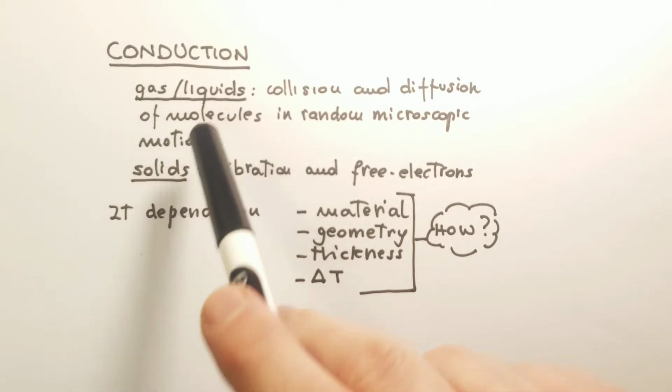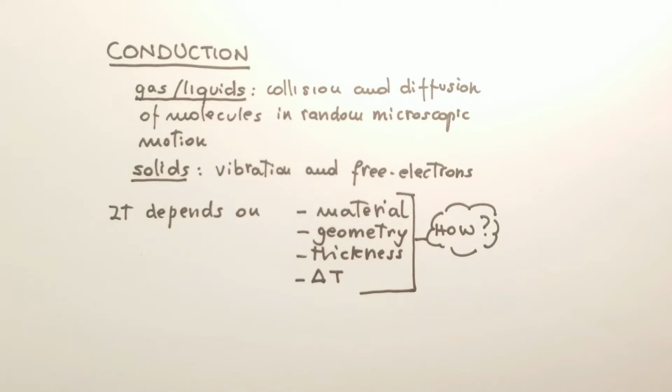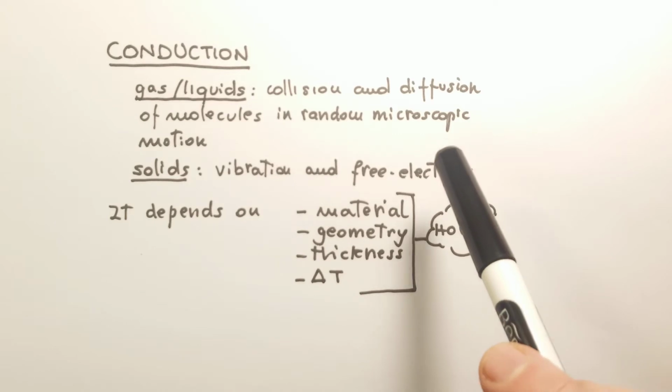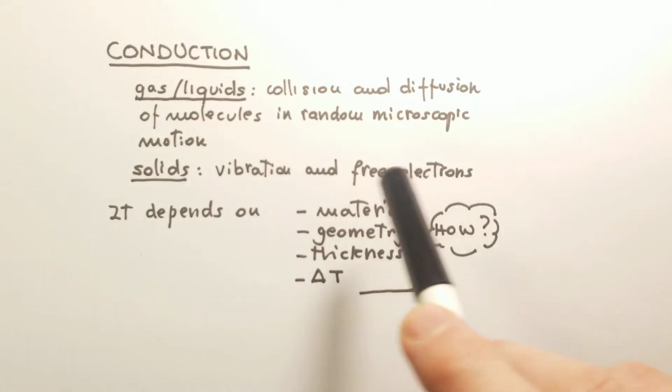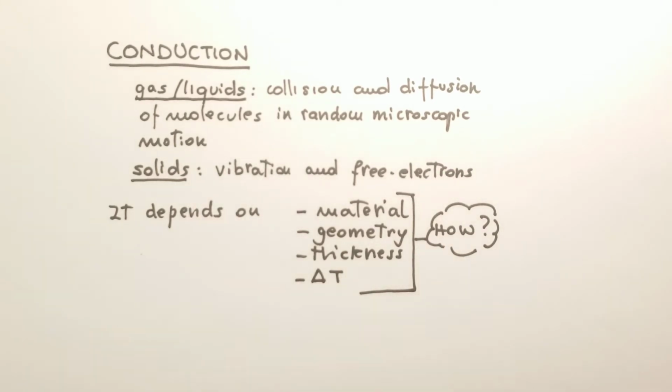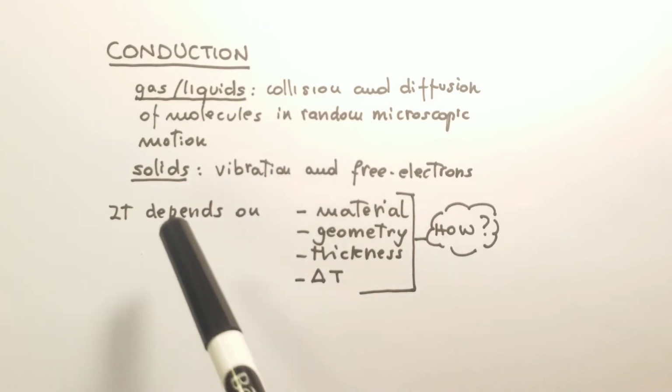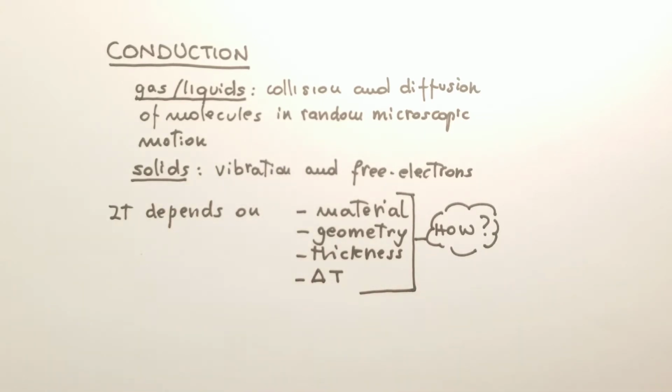In the case of gases and liquids, the molecules collide and heat is also diffused, and this happens because the particles are in microscopic motion, and this motion is random, so we don't have a bulk motion, so the velocity is zero. Instead, for solids, conduction occurs because of vibration of the lattice and also because of the motion of free electrons.